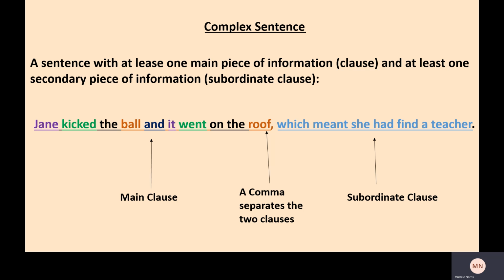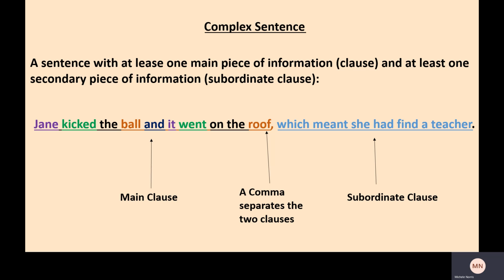The complex sentence actually makes it easier to add layers of information to give detail to your writing. So the bit in blue, the subordinate or the dependent clause, which meant she had to find a teacher, is relying on the first part of the sentence to make sense, because this subordinate clause doesn't make sense on its own, which meant she had to find a teacher.